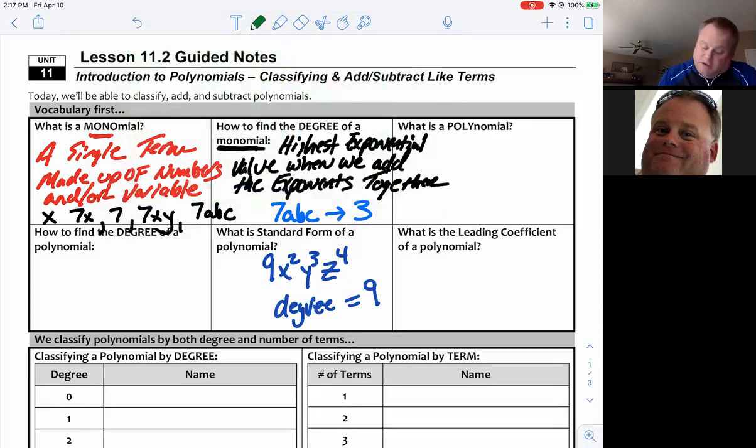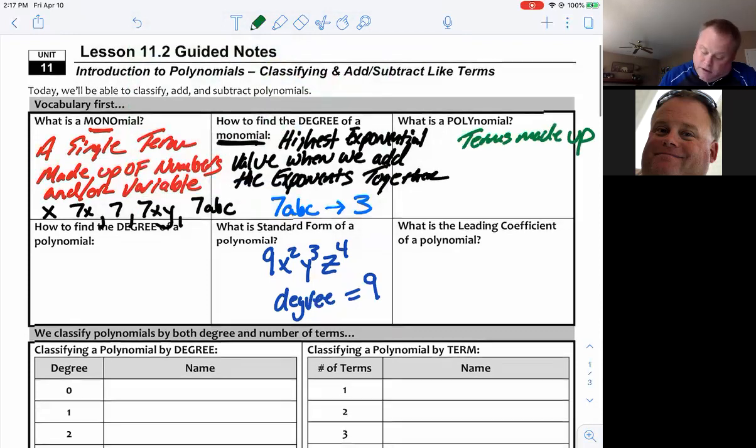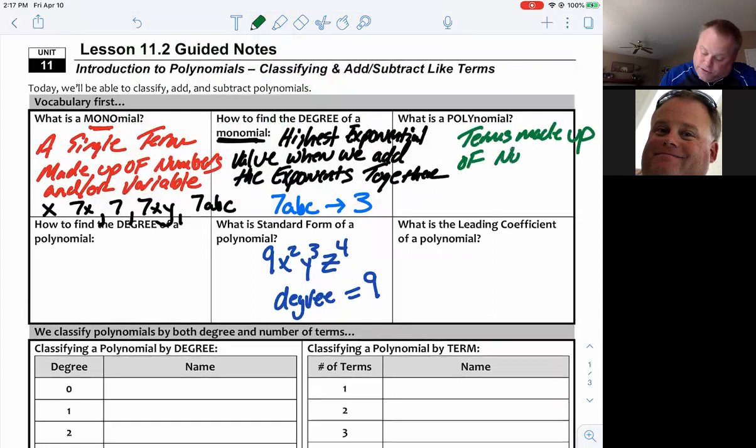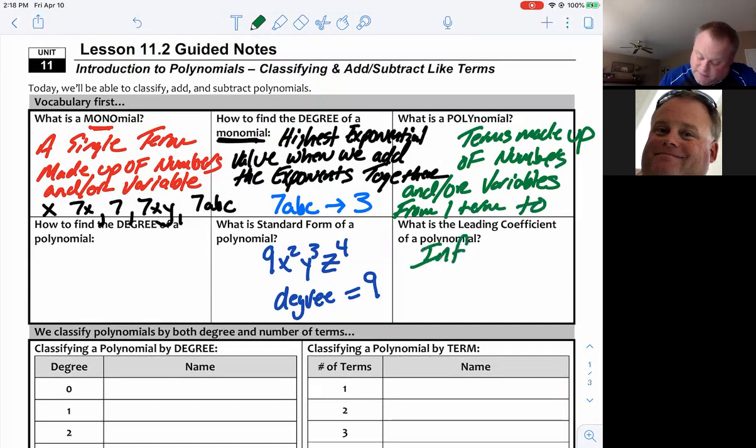A polynomial is terms made up of numbers and/or variables, from one term to an infinite number of terms.